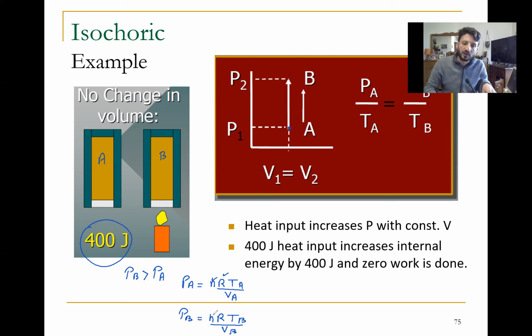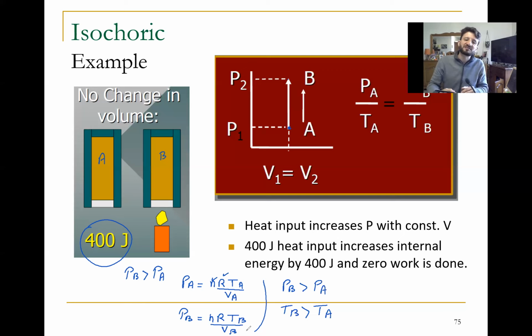And also here we have the same n with the same R and with the same V. If PB is greater than PA, so TB must be greater than TA. Okay? In this case, we have to increase the temperature.